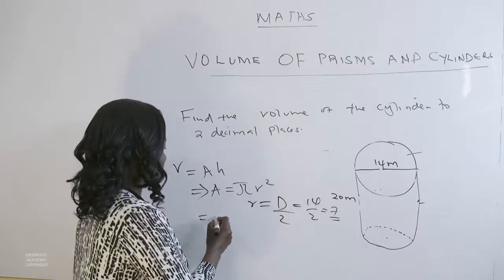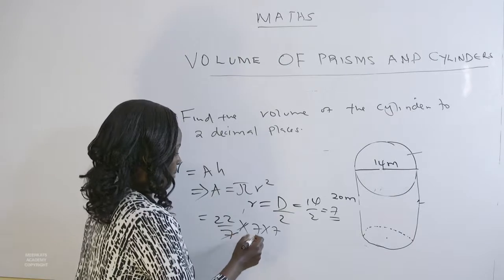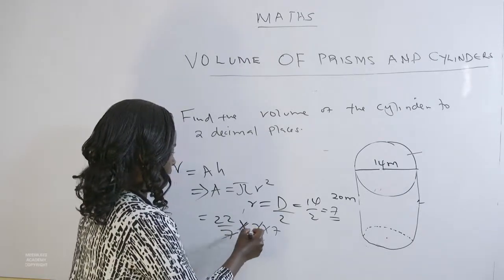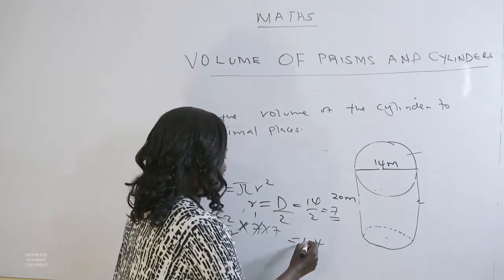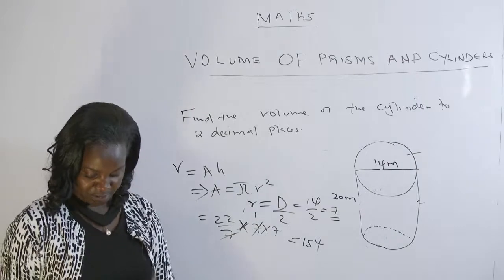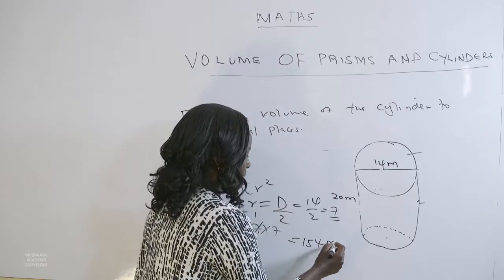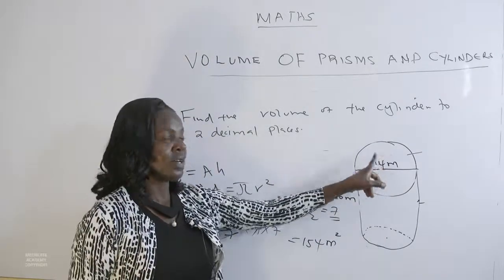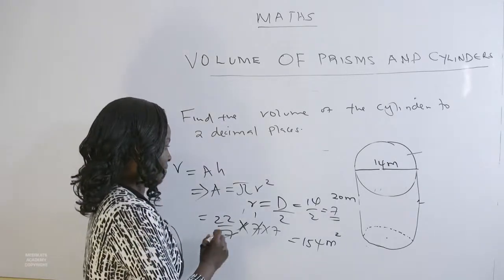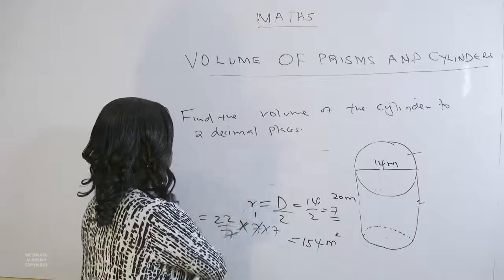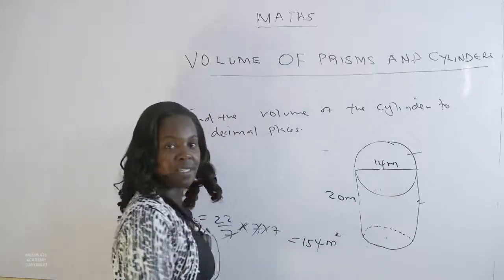Substituting in our formula, we'll have 154 square meters. That is the area of the base. Then what is the volume?